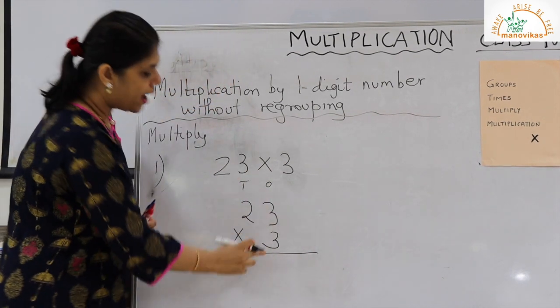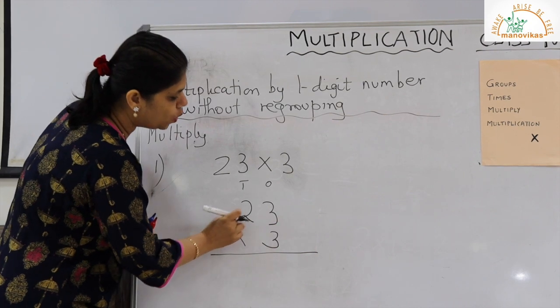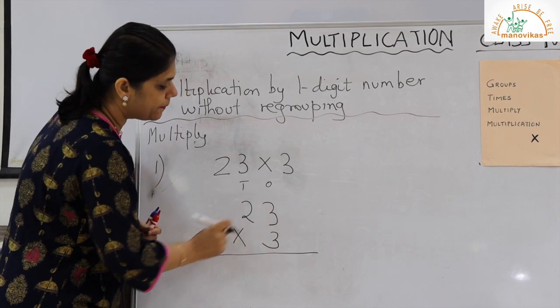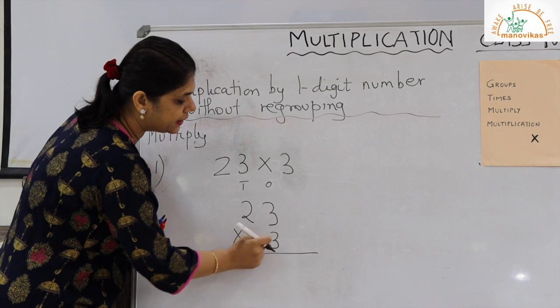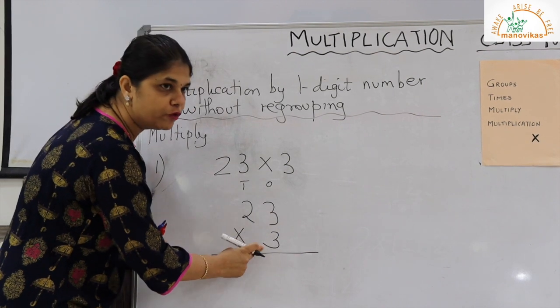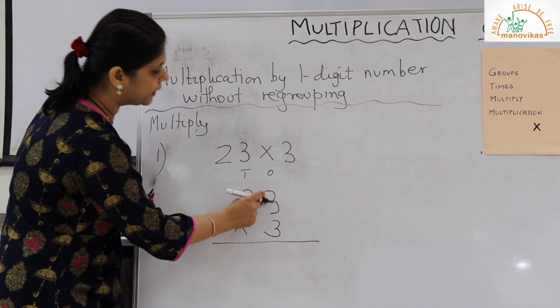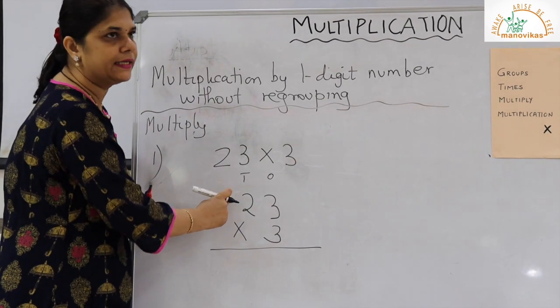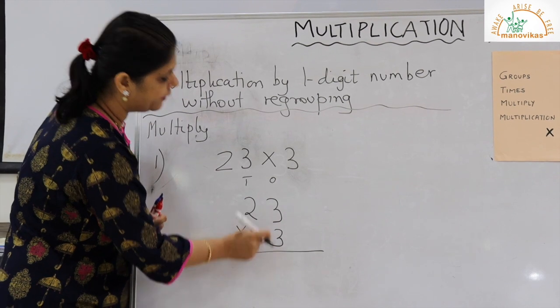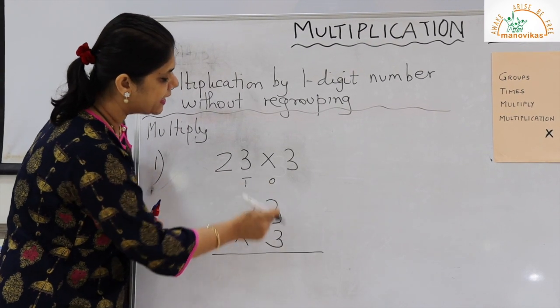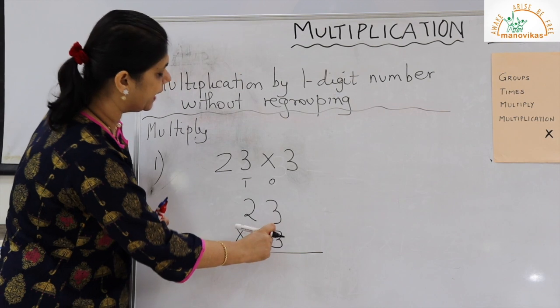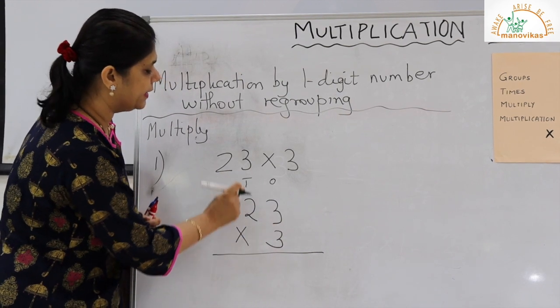Now, you have to multiply this two digit number 23 by this single digit 3. You will multiply this 3 in turns with the different places. First you multiply 3 with this 3 in the ones place. Then you multiply this 3 again with this 2 in the tens place.